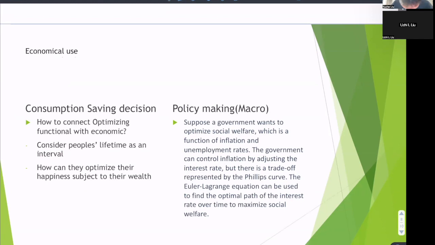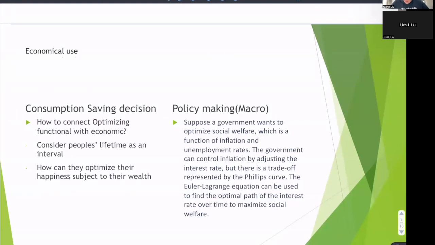Yeah, let's jump into the topic. So the economic use of the calculus of variations can bring a really big impact. The calculus of variations and the Euler-Lagrange equations are often employed in models that examine how agents, customers, firms, or even the government make decisions over time.